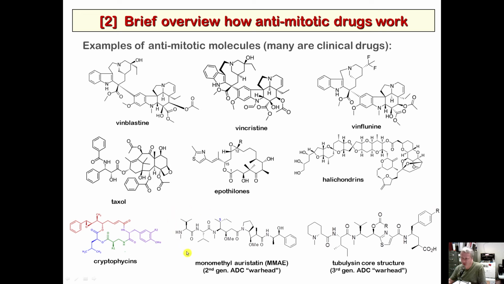This was a little bit older, but still interesting also. So we'll call this yellow and this one maybe green. Okay, so for now, notice that MMAE, we're going to see MMAE and just recognize that as a second generation one, and tubulysin will be the third generation one.